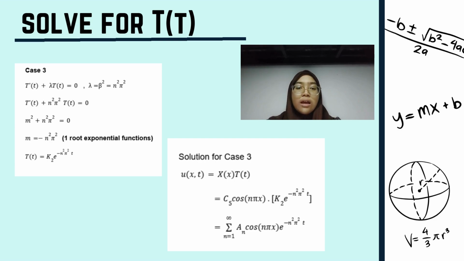And then we will get the solution for case 3, which is u(x,t) equal to c5 cos n pi x multiplied by k2 e to the negative n squared pi squared t. And then the solution will be converted into summation of n equal to 1 to infinity a_n cos n pi x e to the negative n squared pi squared t.